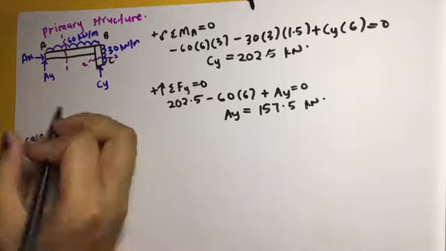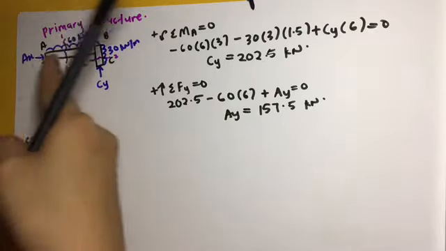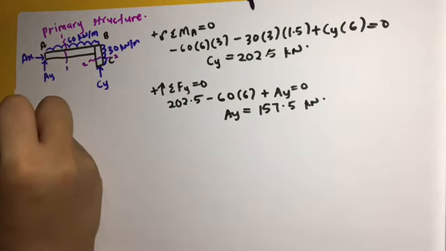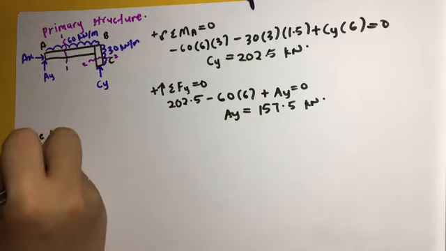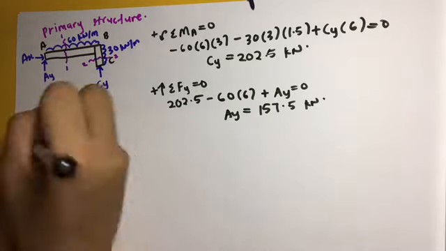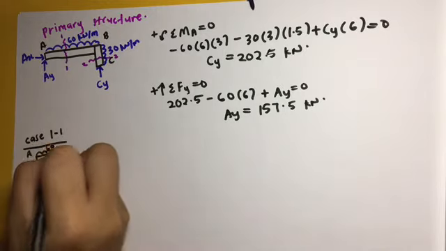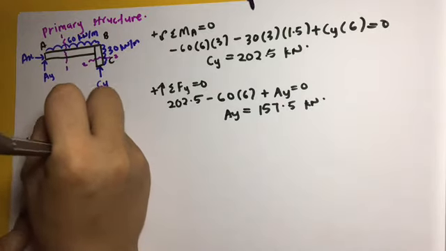This one. So let's draw the free body diagram of this. We have, this is A. We have AY, which is 157.5, and then we got a distributed load here 60, and then this is a distance x1. Then we get a moment here.